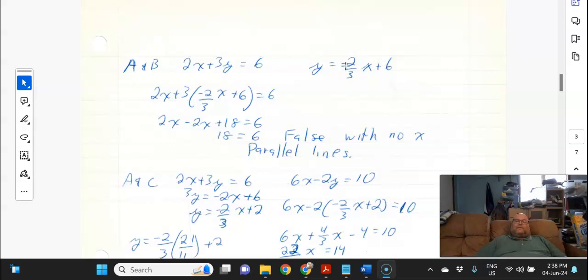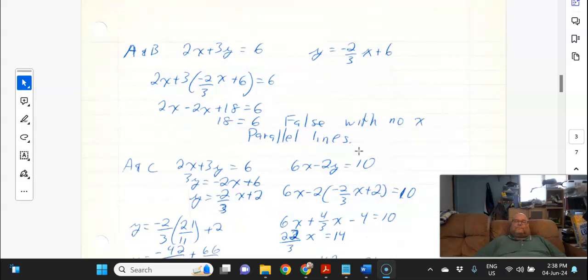We substitute this in for the y in A. So I have 2x plus 3 times negative 2/3 x plus 6 equals 6. 2x minus 2x plus 18 equals 6. 18 equals 6 is a false statement, and there's no x's. Therefore, these are parallel lines.